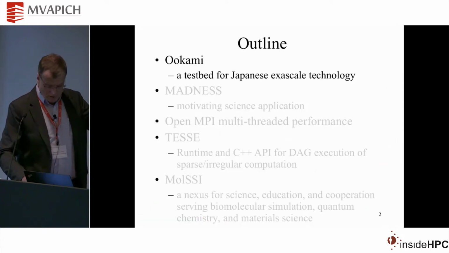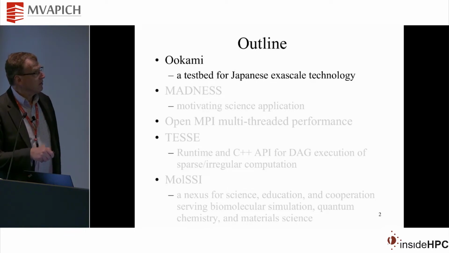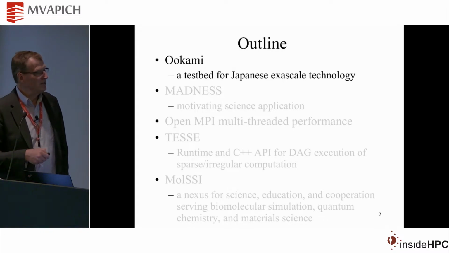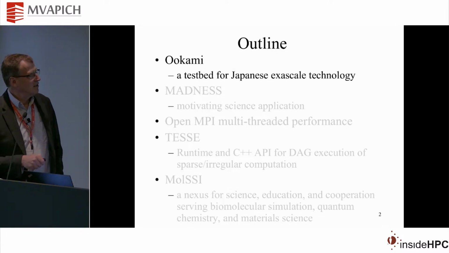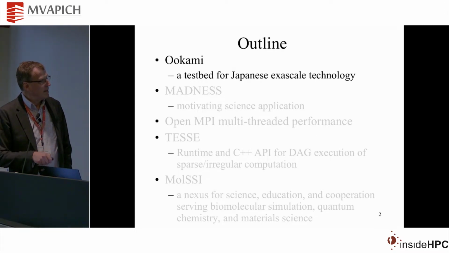So I've got a bunch of topics that we'll be covering. I'm going to start off talking about this new testbed system we're in the process of deploying at Stony Brook. Then a science application that is now nearly 20 years old, somewhat shockingly, but it's motivating large chunks of what we're going to talk about in the rest of it. Then some issues it revealed that were resolved by the OpenMPI team.